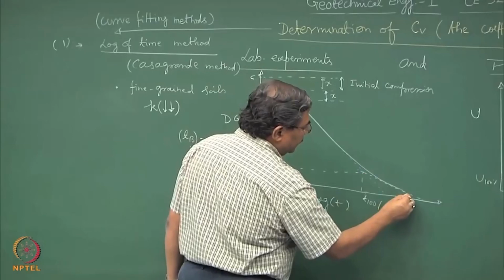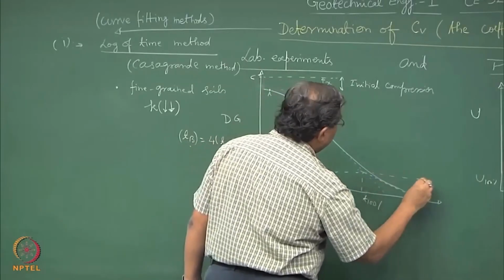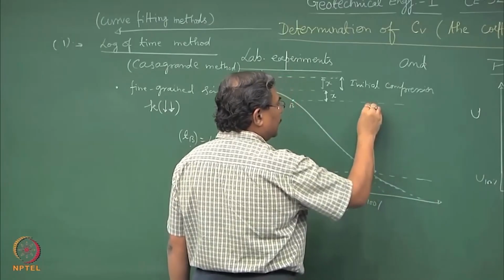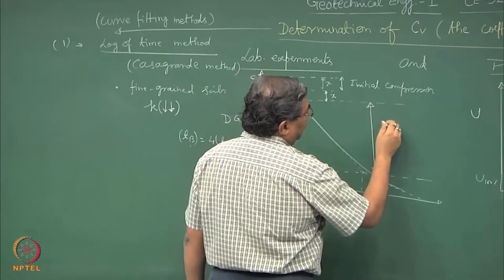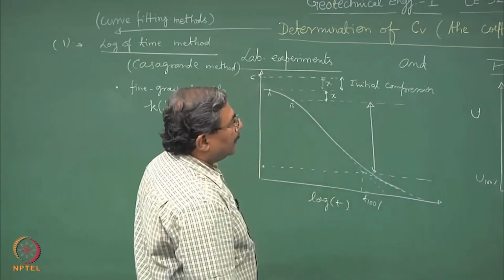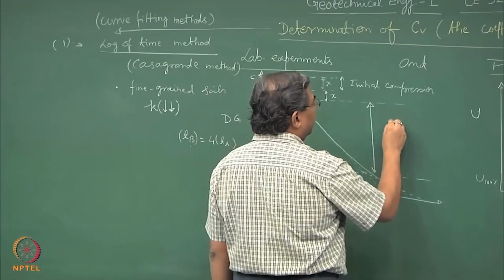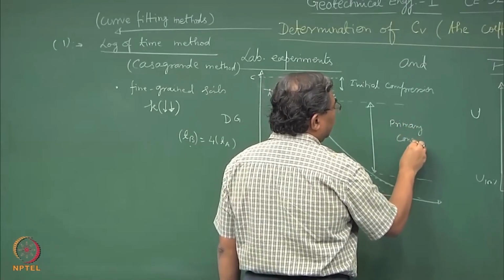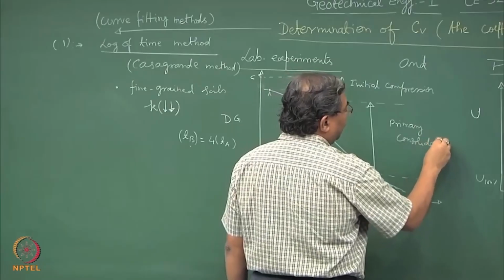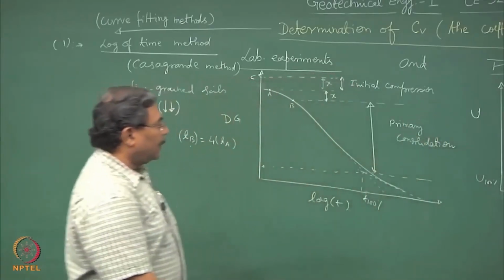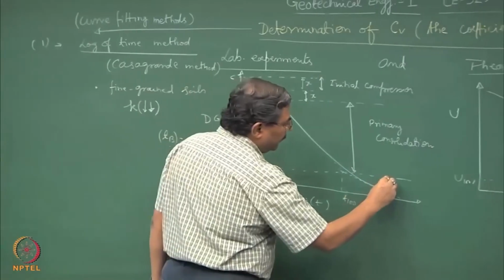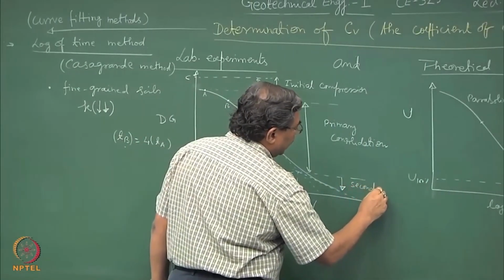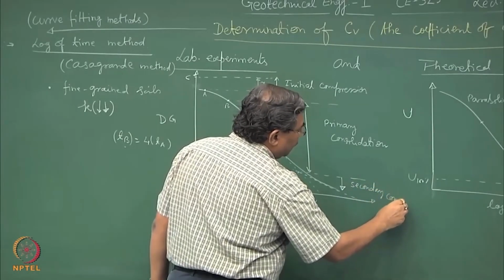Anything beyond this, if I draw a horizontal line over here, if I consider this point here, this is what is known as the primary consolidation. And anything below this point is termed as secondary consolidation.